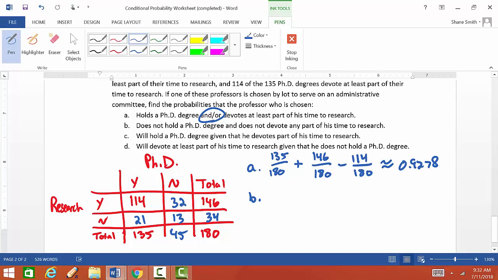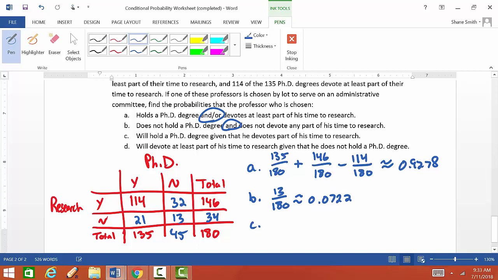Okay, part B, does not hold a PhD degree and does not devote any part of his time to research. So does not hold a PhD and, so keyword is and, well, that is just the no, which is 13, so that's 13 out of 180, which as a decimal is 0.0722.